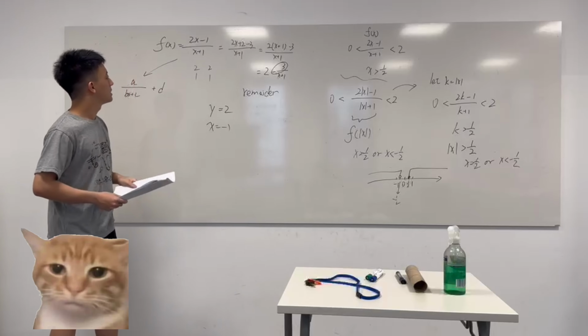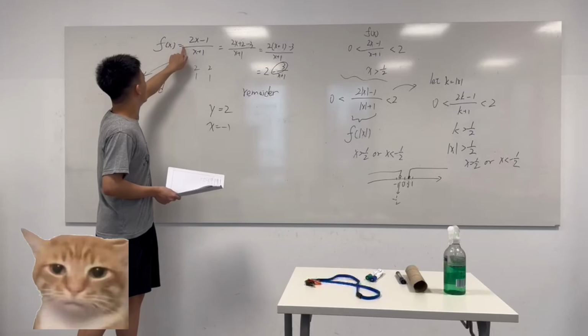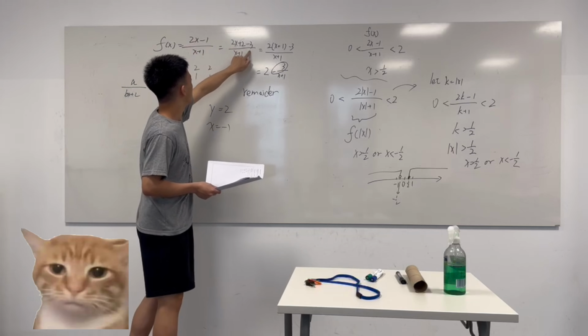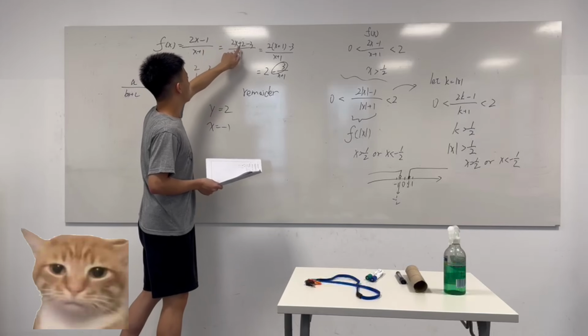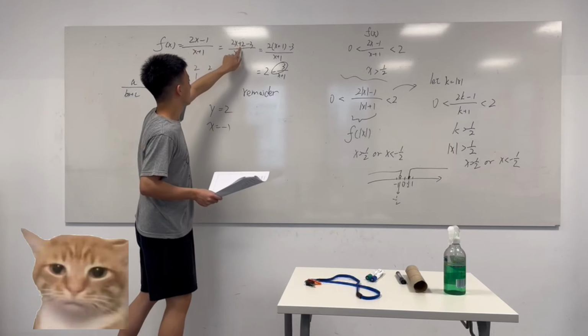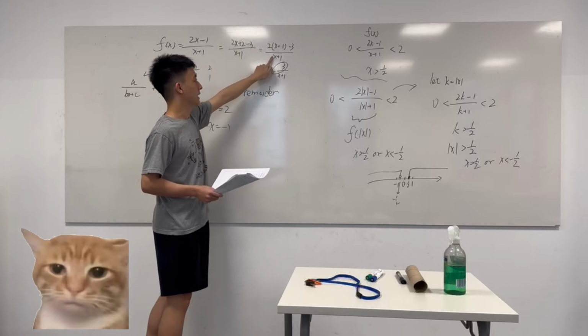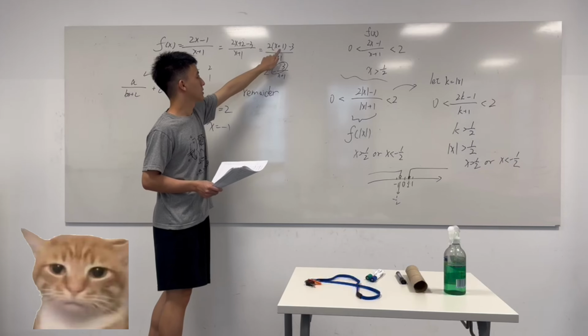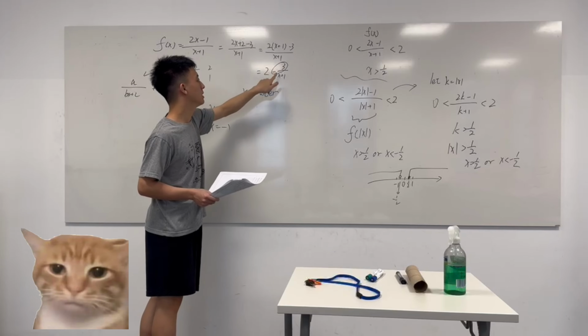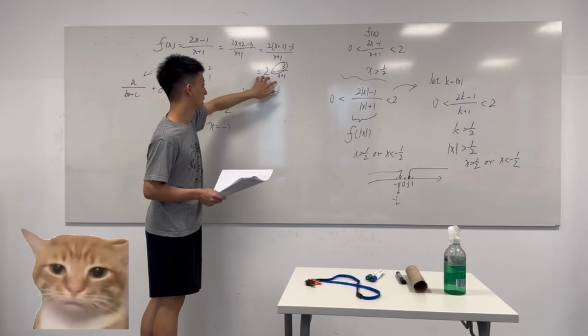And therefore, we can rewrite this like 2x minus 3. How do you make 2x minus 3 equal to 2x minus 1? Yes, plus 2. Then we realize something like that: 2 times (x plus 1), minus 3, over x plus 1. Then continue to simplify it, we get this.